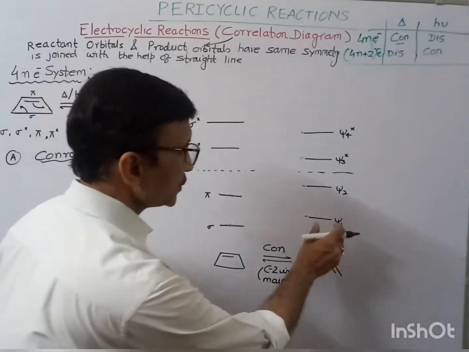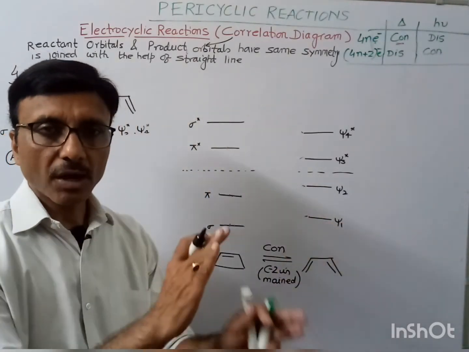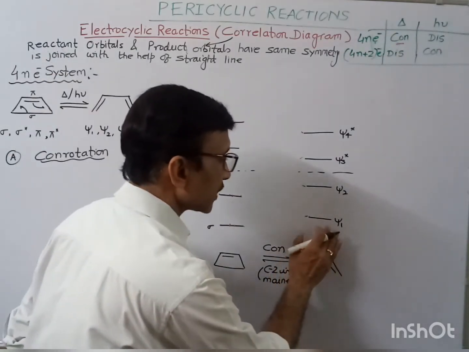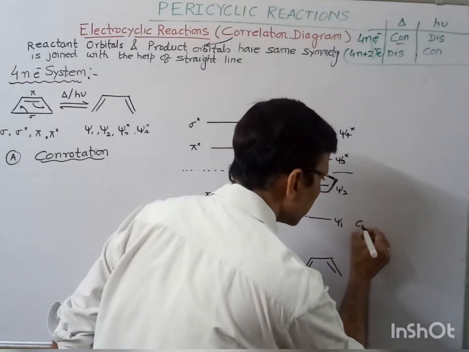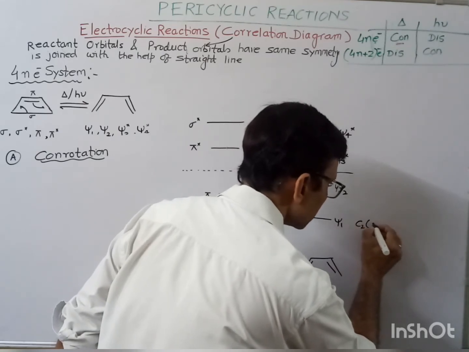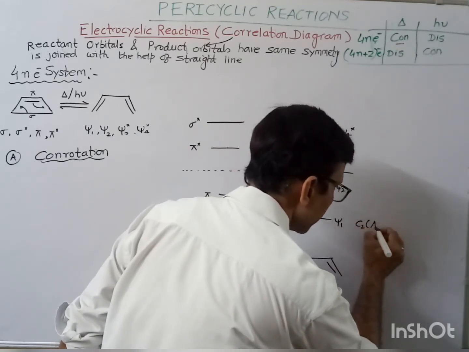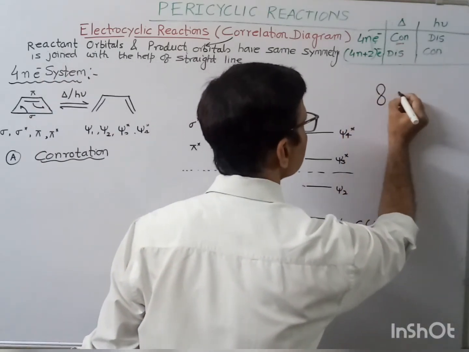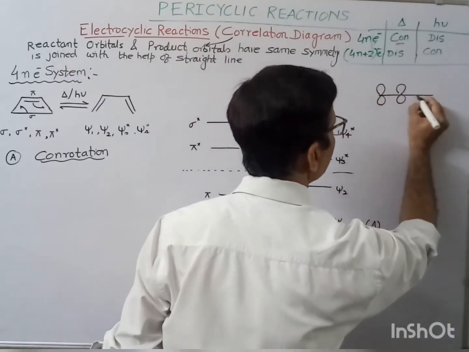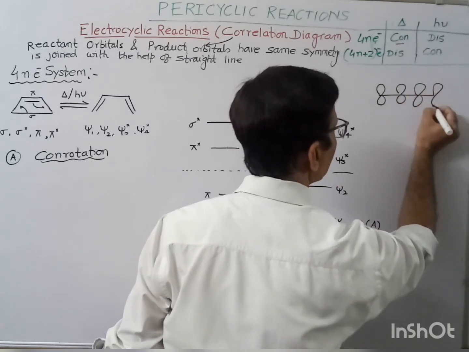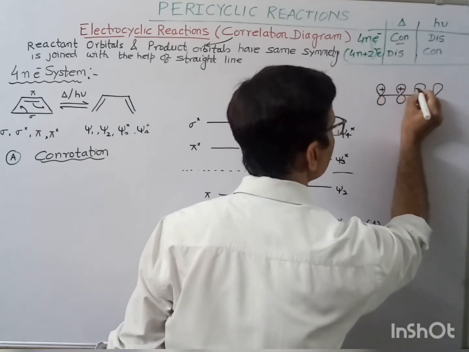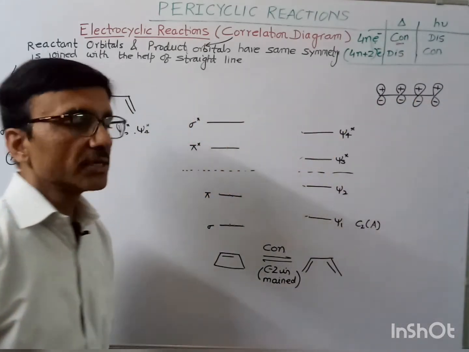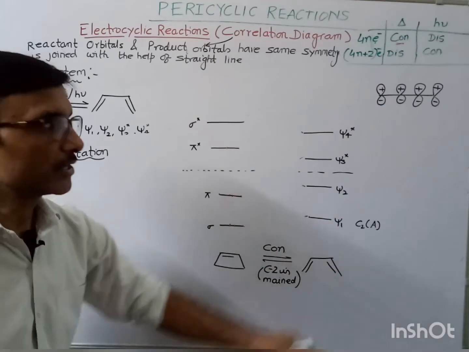So as you can see, this psi 1, all the signs of the lobes are positive. I have already given that with psi 1, C2 is antisymmetric. So this is psi 1, plus plus plus plus, like this, and it is antisymmetric with respect to C2.